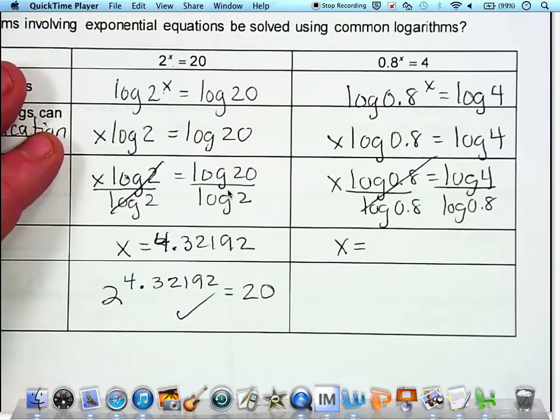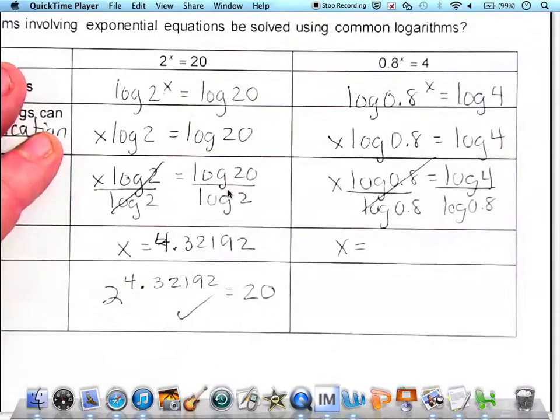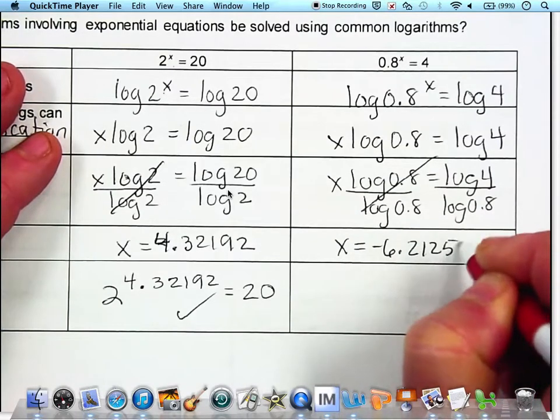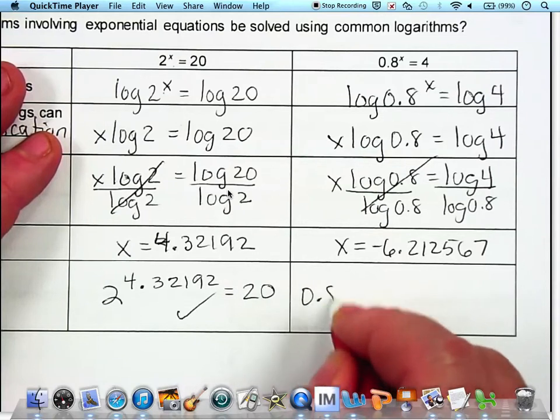Another big long decimal. It's not as hard as I thought it would be. Negative, did you get a negative answer? Negative 6.212567439. And then check it.